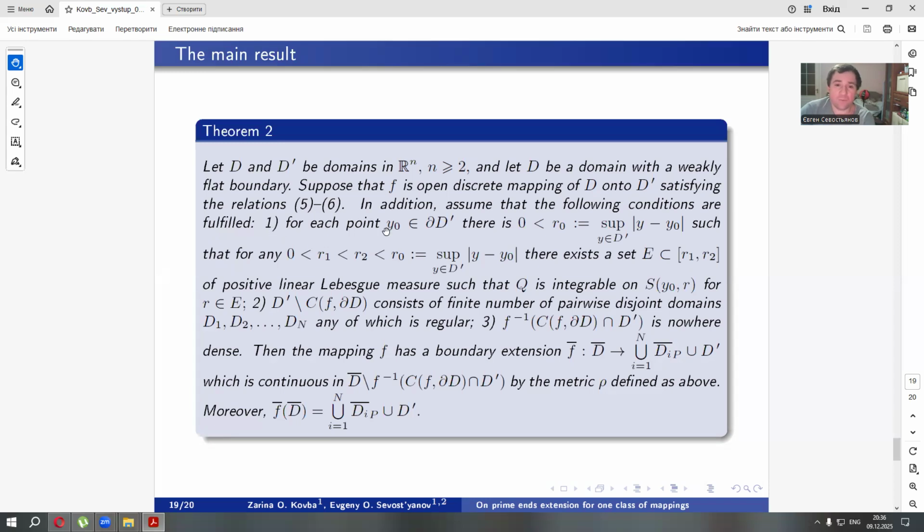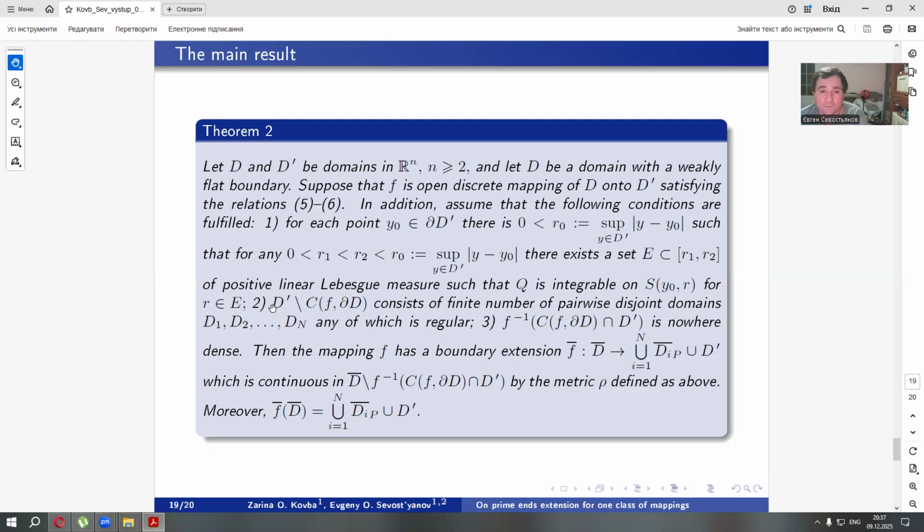First, for each point y naught in D prime, there is r naught such that for any r1 and r2 satisfying this condition, there exists a set E in (r1, r2) of positive linear Lebesgue measure such that Q is integrable over the sphere centered at y naught of radius r.